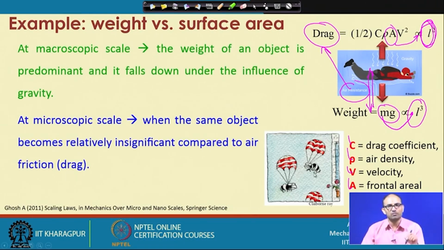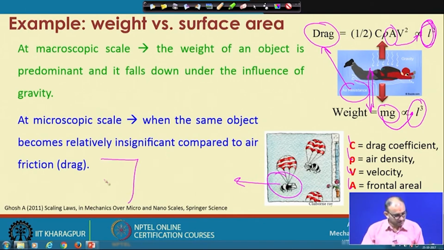When it reaches the bottom, it will land very freely, but the same thing will not happen to a man falling from a large height. What is the difference? The difference is the weight. The weight of an ant is very small compared to its size.